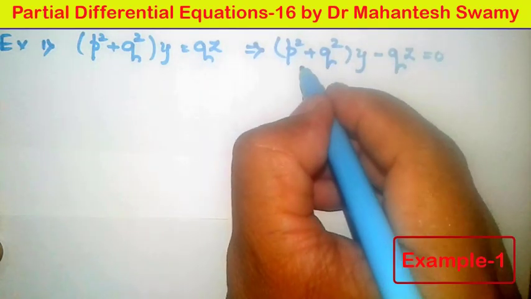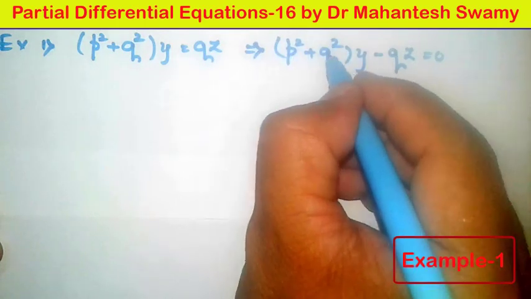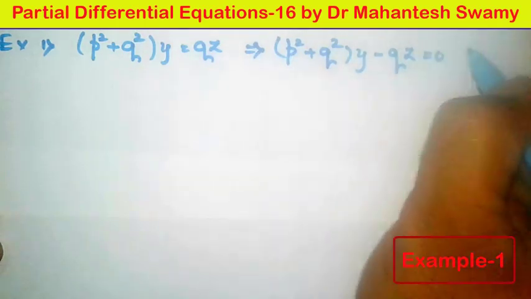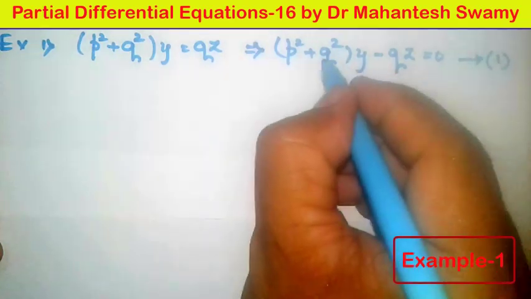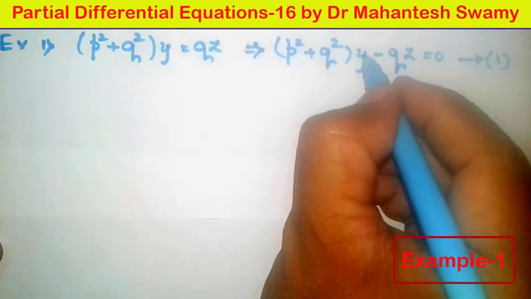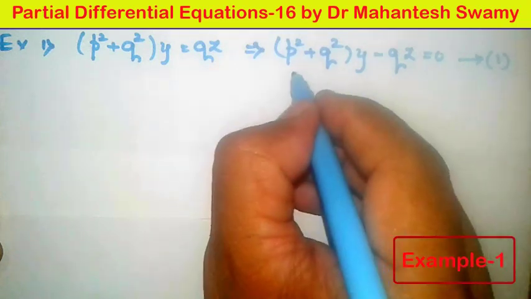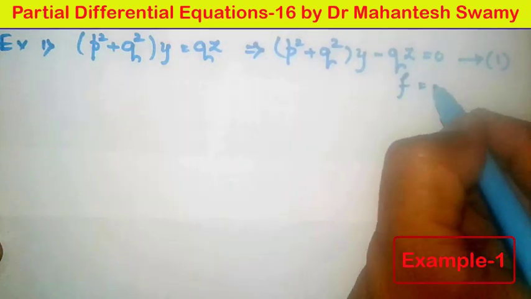So we have got f of p, q, y, z equal to 0, and let us call it equation number 1. So this is the partial differential equation which is now in the form of f equal to something.